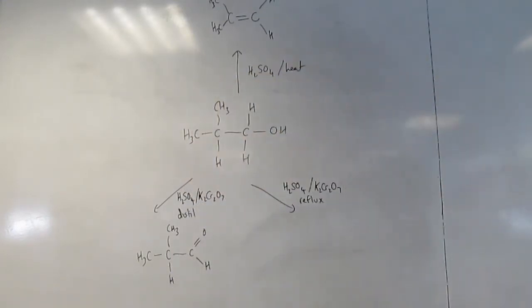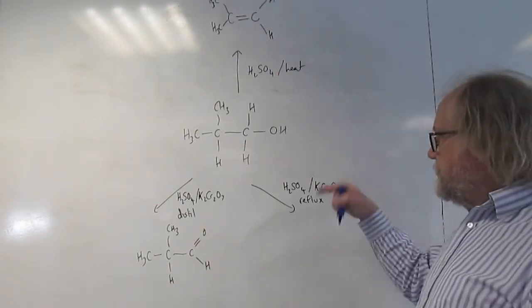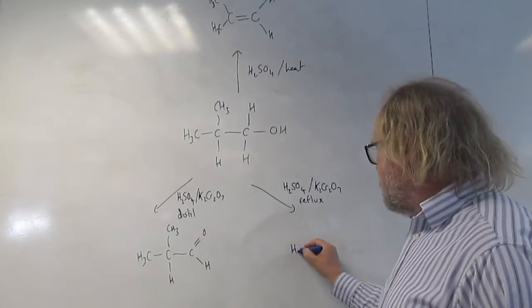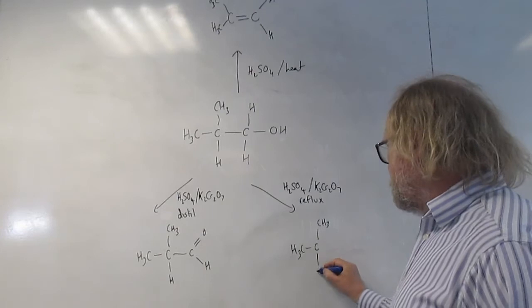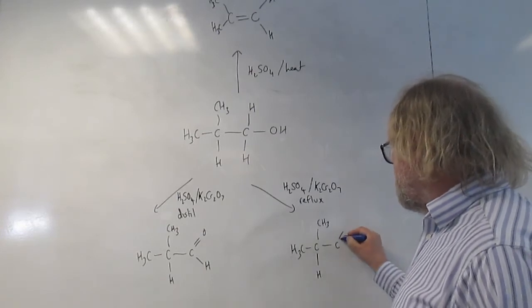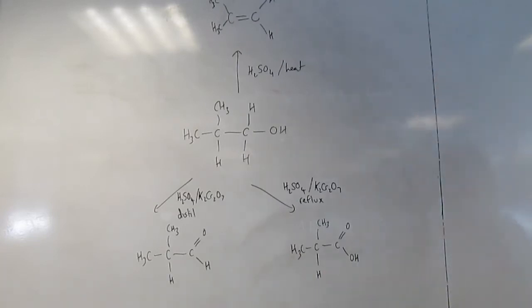Okay, so you get that CHO group formed initially, but if you reflux, which means you keep on reacting for a long time, then the aldehyde gets oxidised further, and you get this, which is the carboxylic acid, which is drawn like that. So those are your other 2 products.